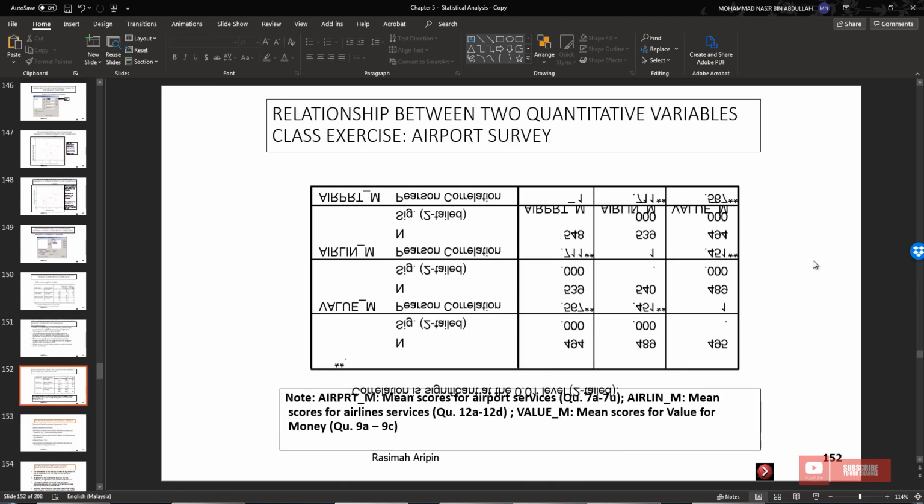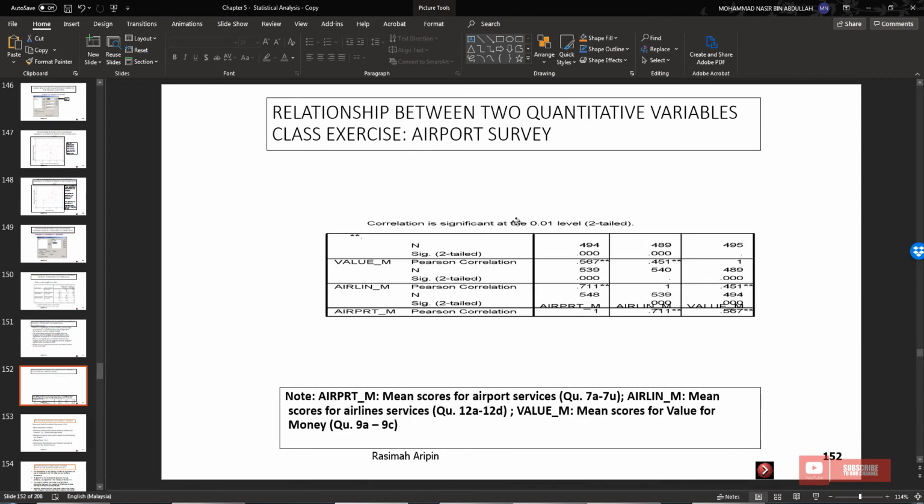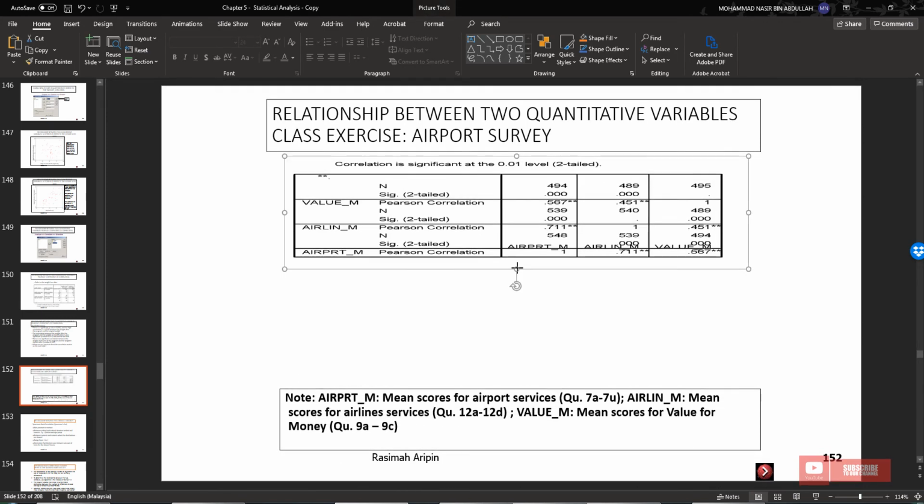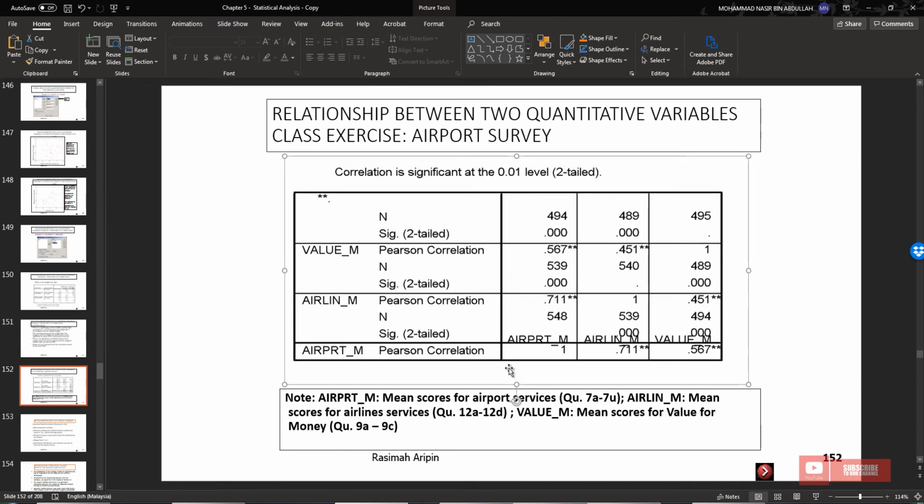So I'm not going to touch in detail on each of the analyses, because this is just to make sure you know what type of analysis you want to use if you have this kind of variable. Right. This is an example of a result from Pearson correlation, the Pearson product moment correlation.